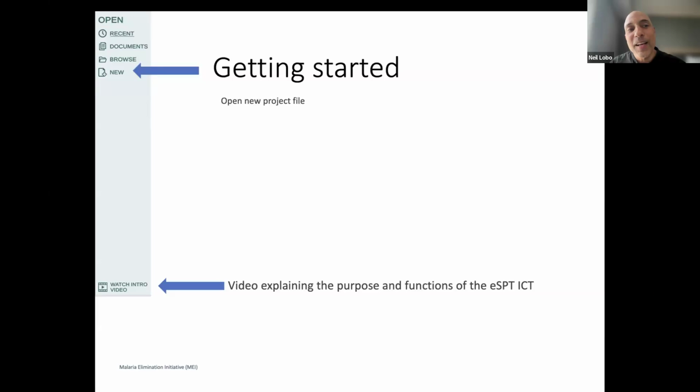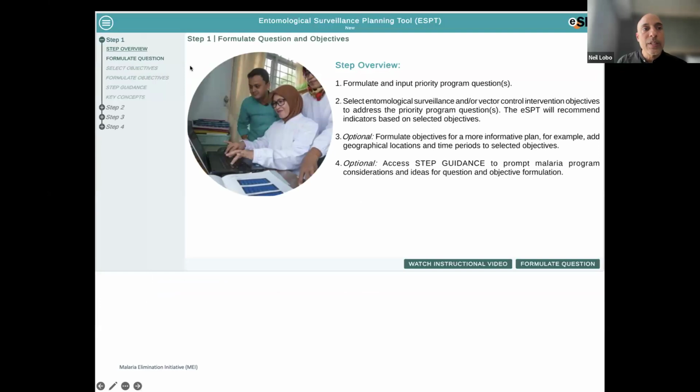We have a new kind of file called an ESPT file, and you can open up your old versions of your file, in addition to your Word file. And then there are instructional videos at every step, so you can watch the video that tells you what to do. So when you start, step one would be, what is your question? And the first page is always an overview of what this is about.